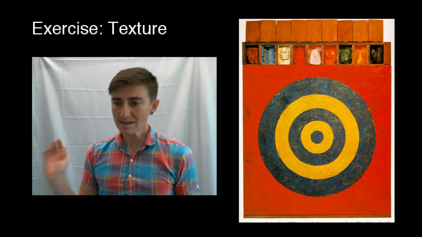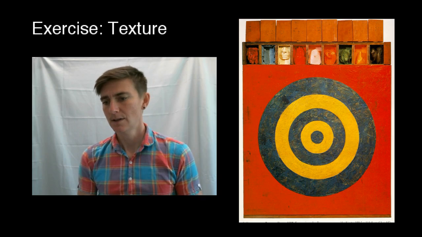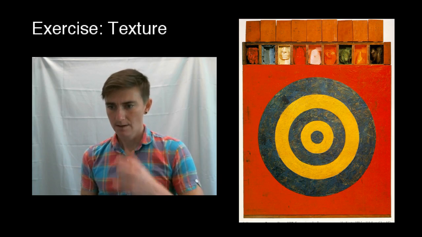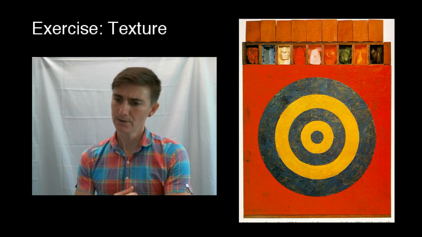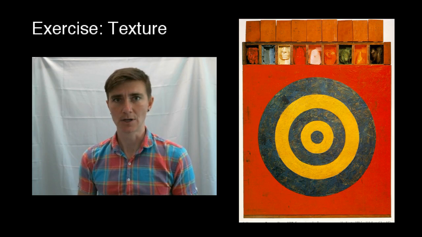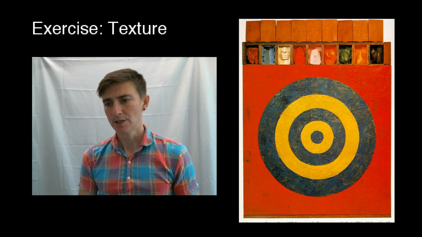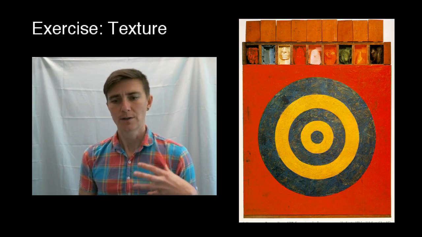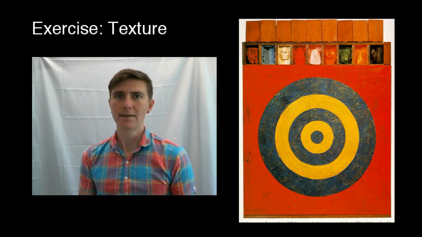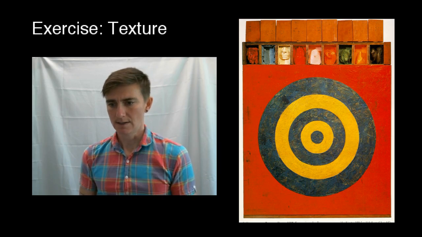So the image that you see here is an artwork entitled Target, and it's by Jasper Johns, and this was done in the 1960s. And Jasper Johns was a painter who started bringing in and incorporating a lot of elements of texture into his works.